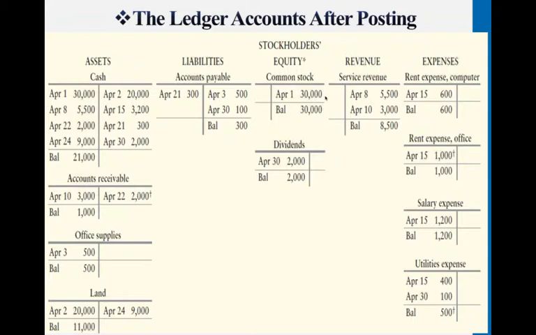Now, if we take a look at that liability account, what does that represent? That $300, what does that mean? We still owe $300 after April. Specifically, if you dig into the transactions, you see the right side, April 3rd, $500, April 30th, $100.